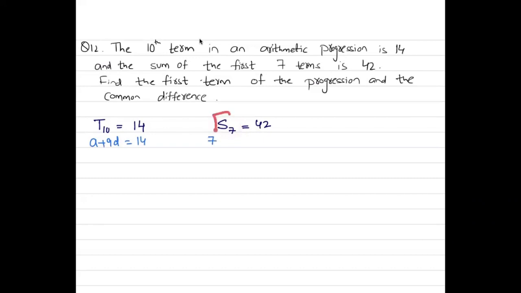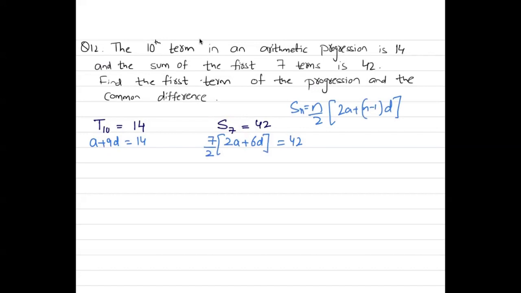No. I'm talking about the sum now, not the term. Remember the sum formula was n upon 2, 2a plus n minus 1 times d. That is Sn. So S7 is going to be 7 upon 2, 2a plus 7 minus 1, that is 6d. Make sense? Yes, sir.